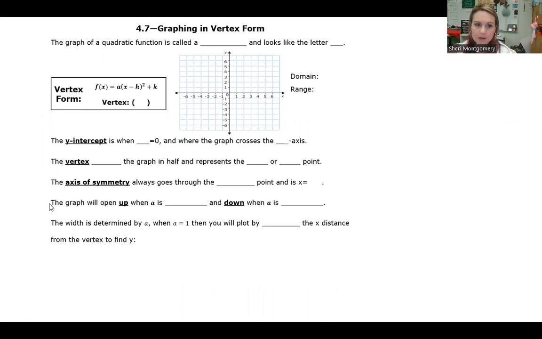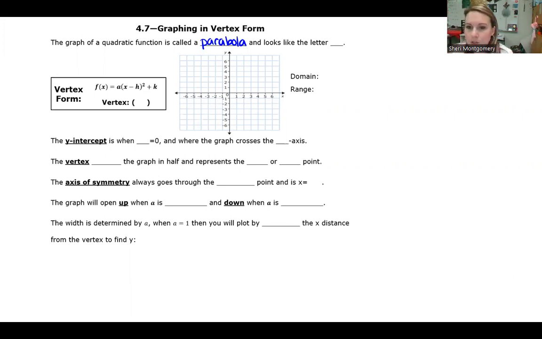The graph of a quadratic has a name and it starts with a P. I know you've heard it before. Can anybody remember it? Parabola, very good. It spells like parabola. The shape of a quadratic graph looks like what letter?